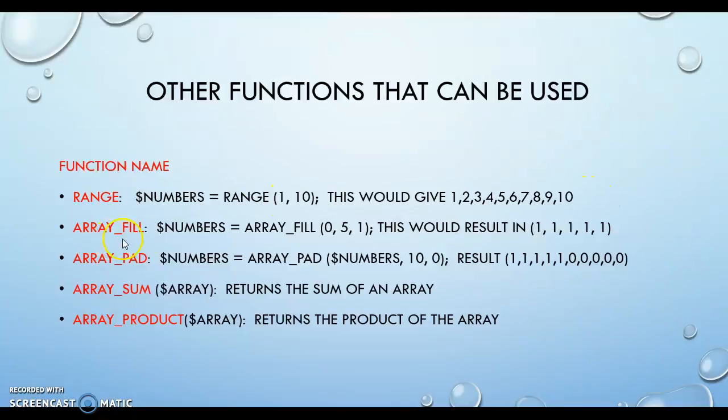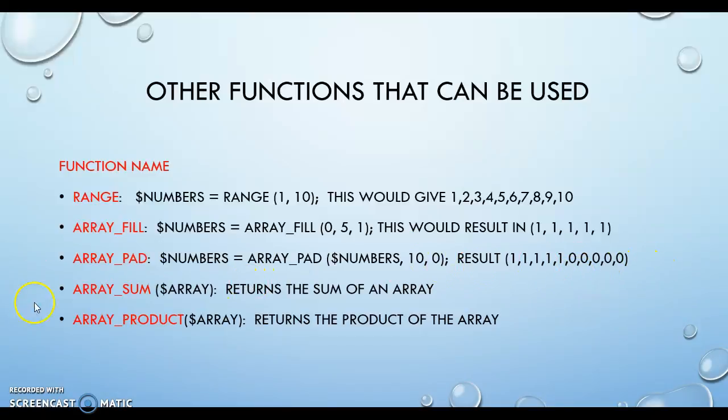The array fill function returns an array with the count values in the starting position. So the starting position, how many we want, and the value. And then array pad returns an array with the value added to the end of the array until it contains the size given for the array. So here we want the array to be 10 elements, so it's going to fill it in with zeros to get up to 10.